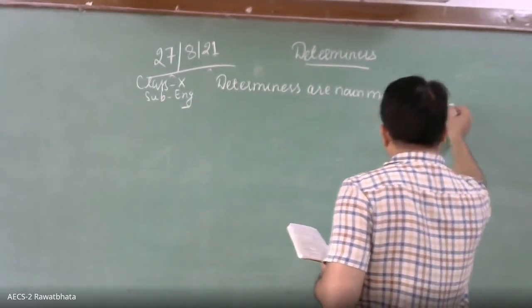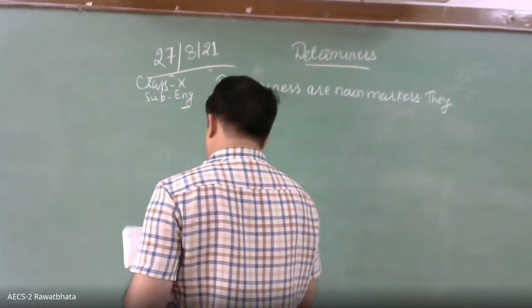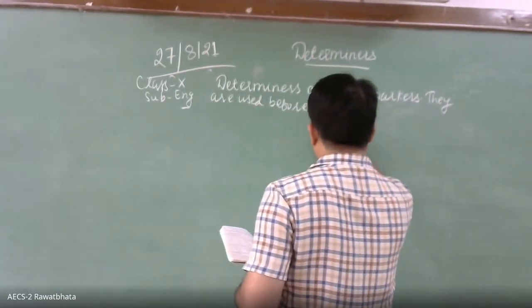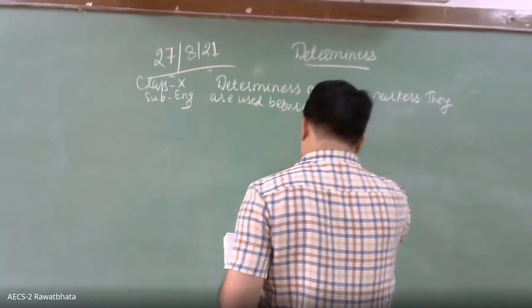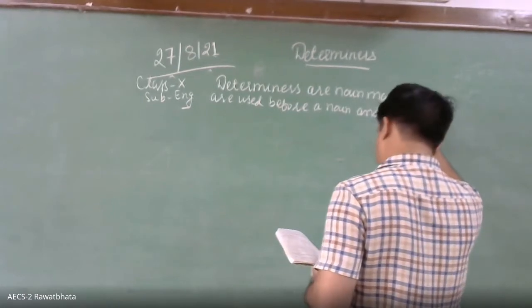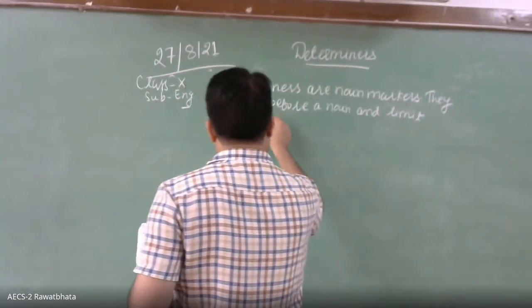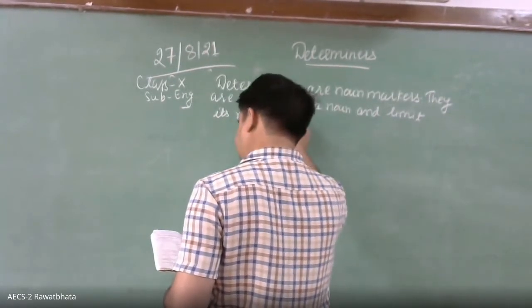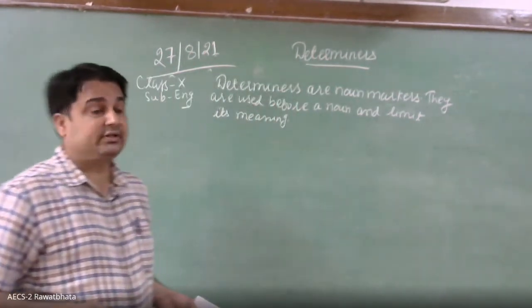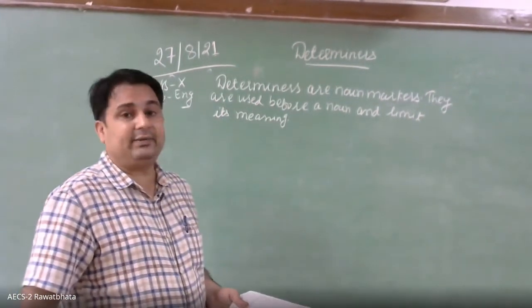They are used before a noun and limit its meaning. So the definition is: determiners are noun markers. They are used before a noun and limit its meaning.